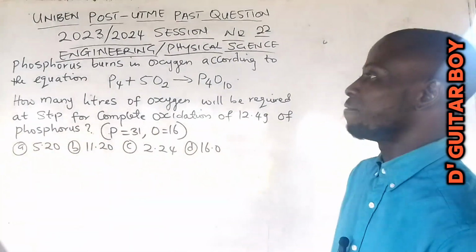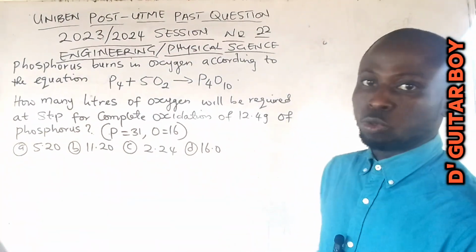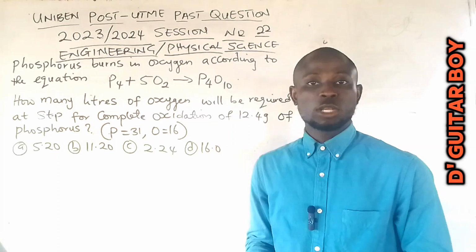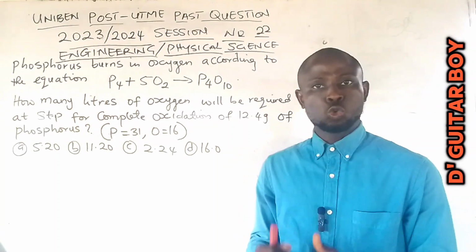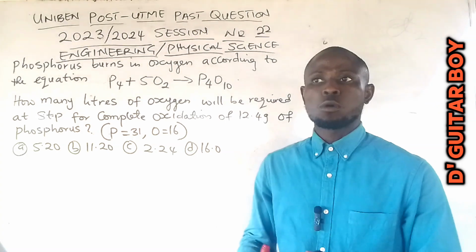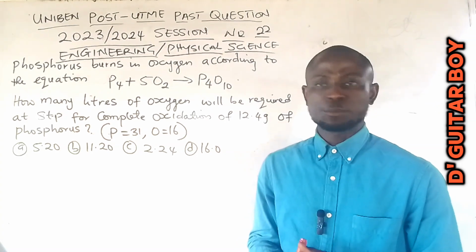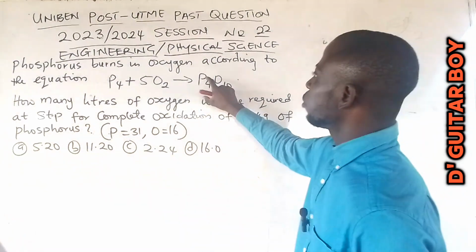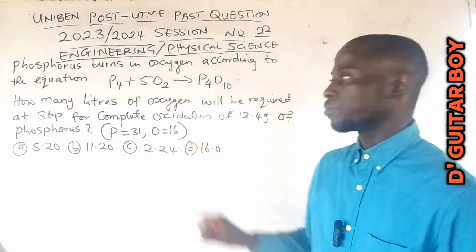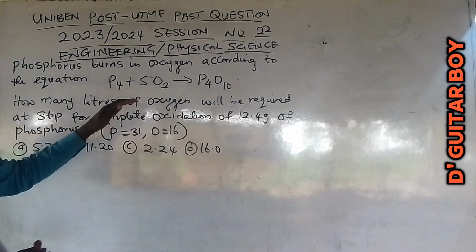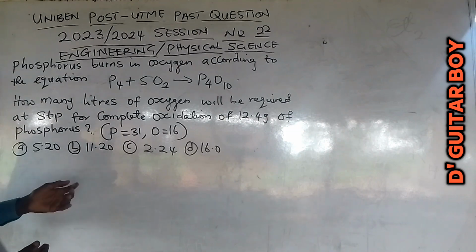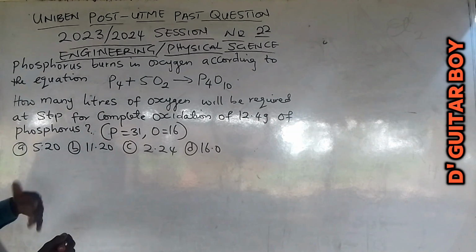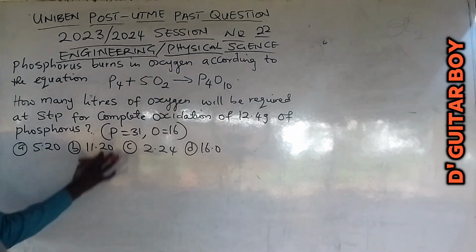This question is a very simple question. When you want to address this particular question, you start from what you know. You start from your reference point. Now, you have already been given your chemical equation. In order for you to understand easily, I will rewrite this chemical equation here.